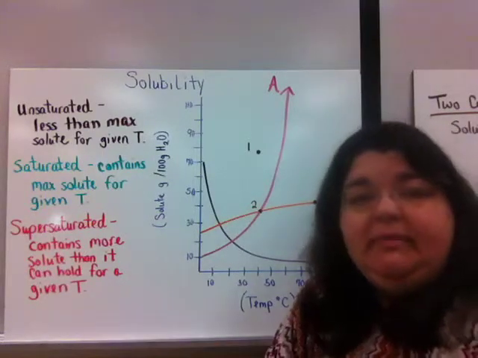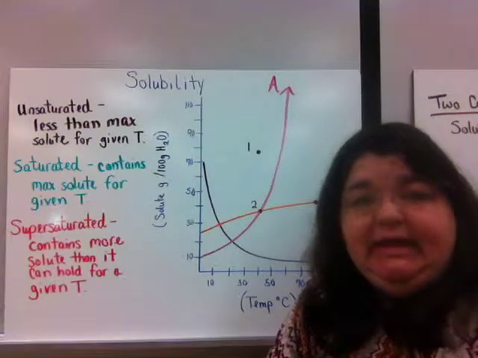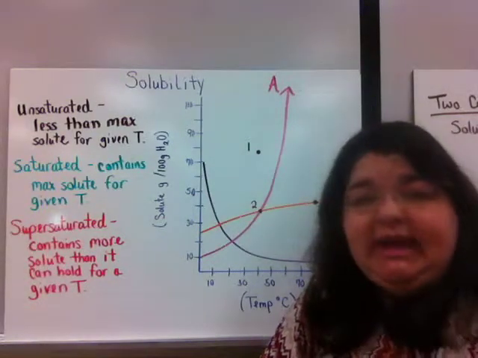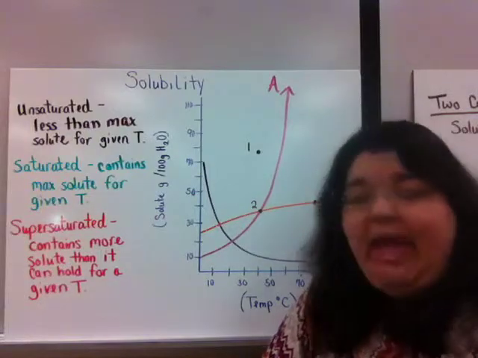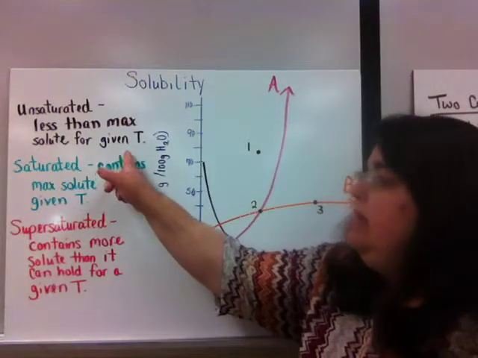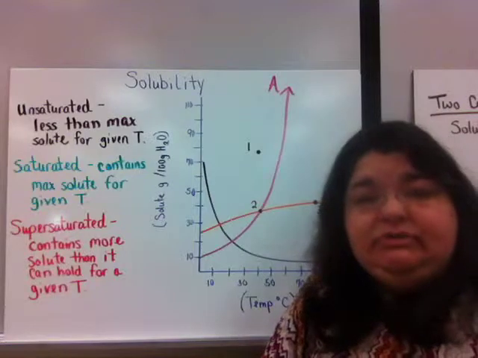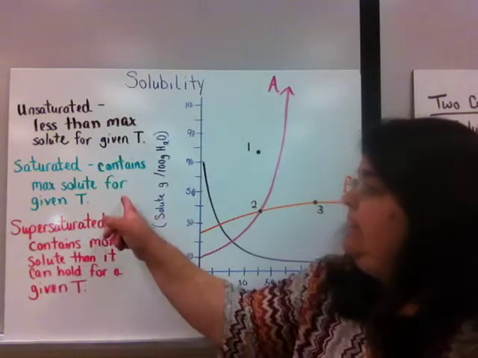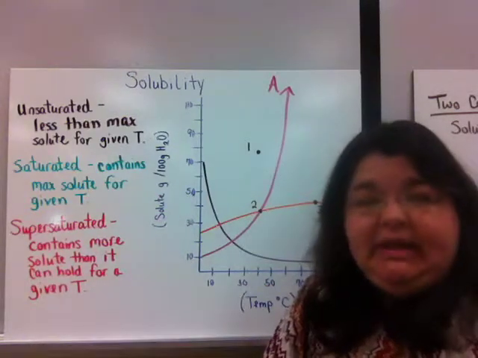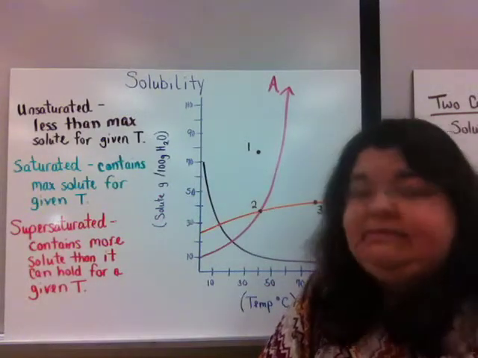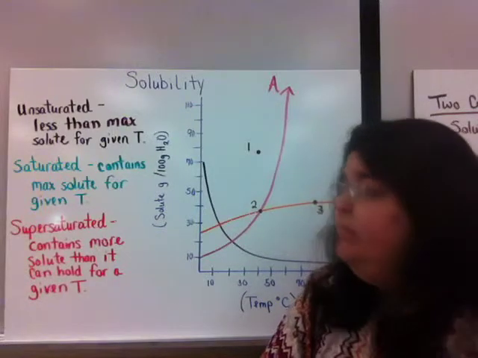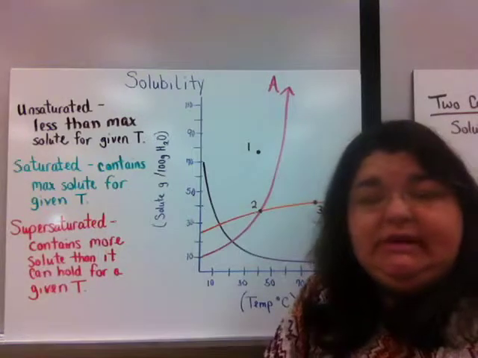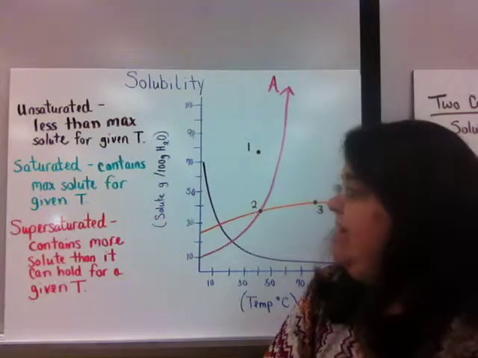I like to compare this to eating breakfast. If you ate just an apple for breakfast, then you had breakfast, but you are unsaturated because you just had your fruit serving. Now, if you had breakfast at home, maybe you made some toast to go with your apple, then you might be saturated, especially if you drank some milk with that toast and that apple.